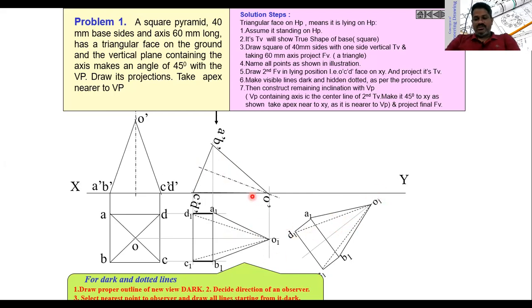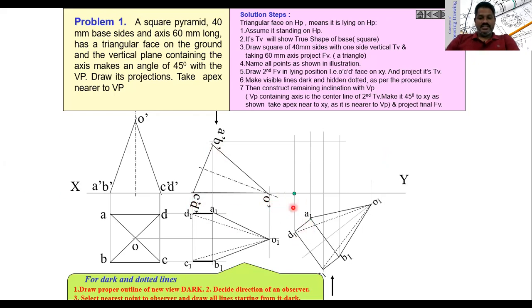Now we have to get the front view when the axis of the square pyramid is making 45 degrees with VP. This is the top view, but we have not drawn the front view. So project all these points up from A1, B1, C1 and D1, similarly from O1, and project the points A dash, B dash, C dash, D dash, as well as O dash.